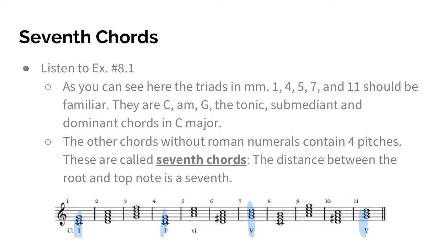And then you also see that there are others that are stacked with 4 notes, and we call those 7th chords. Hooray! That means we have a triad, and then the distance between the root of the chord and the top note is a 7th.